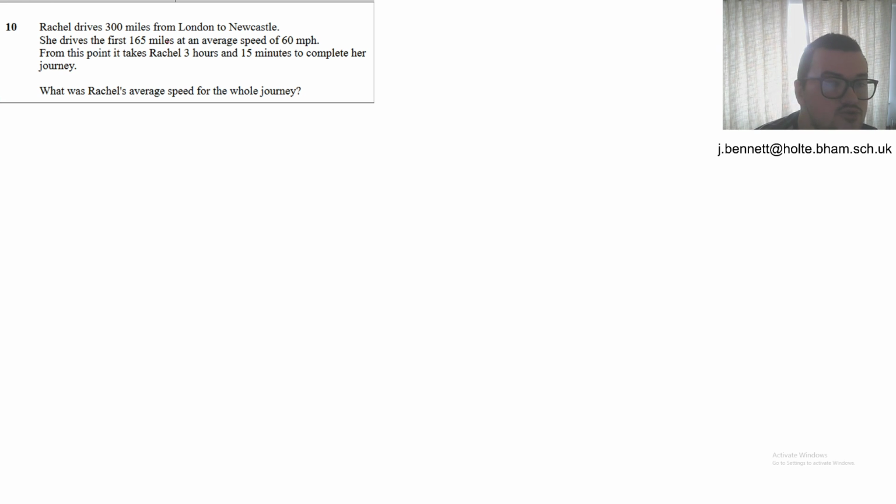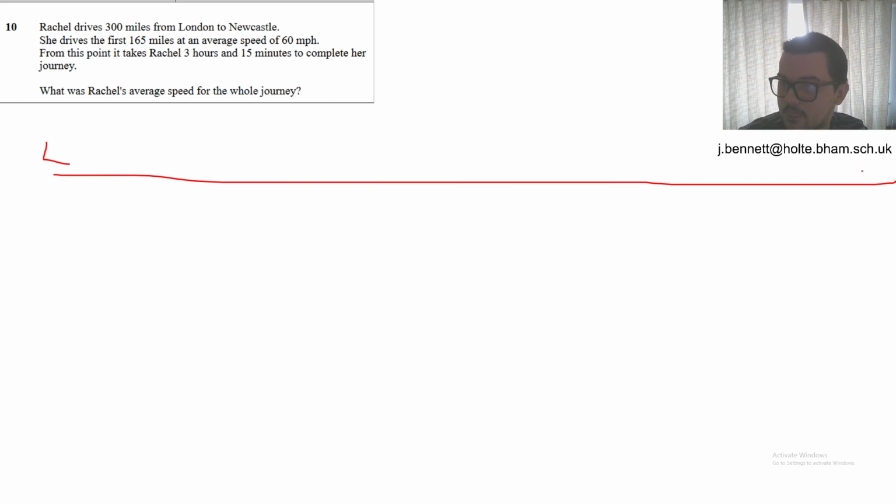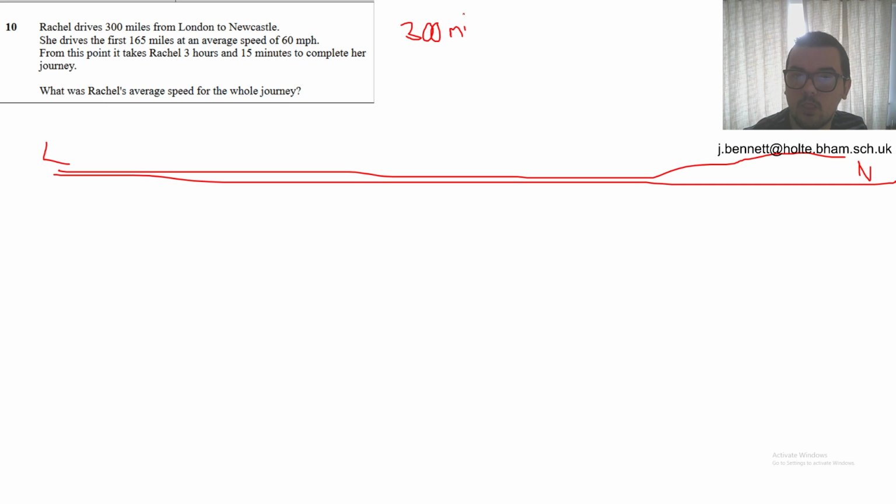So let's have a look. Rachel drives 300 miles from London to Newcastle. So we have London here, we have Newcastle here, and we know that the entire thing is 300 miles. It's a 300-mile trip because it says so in the question.